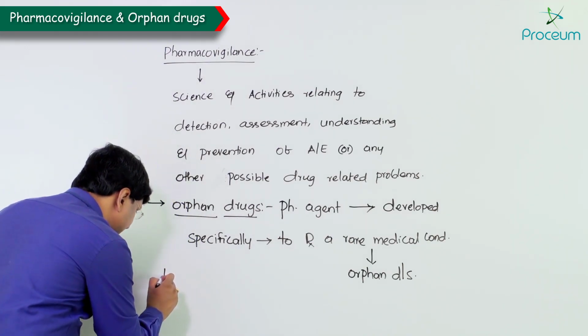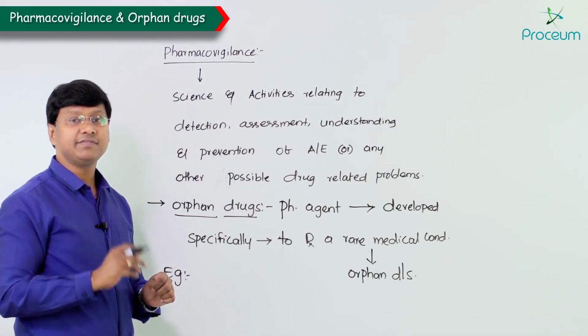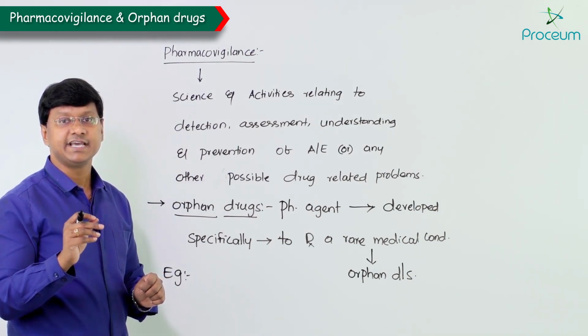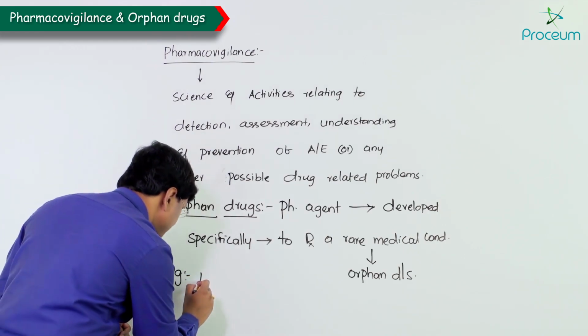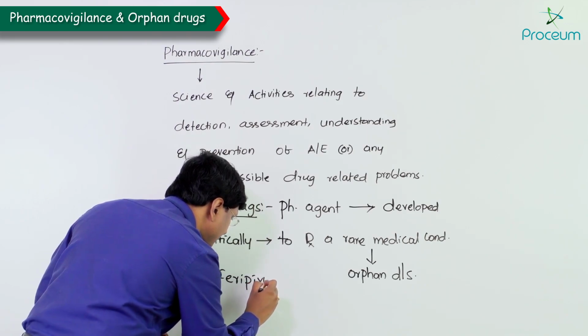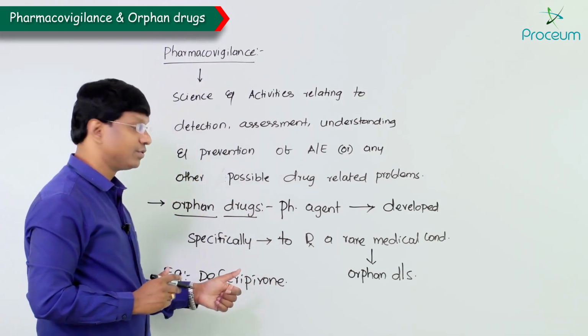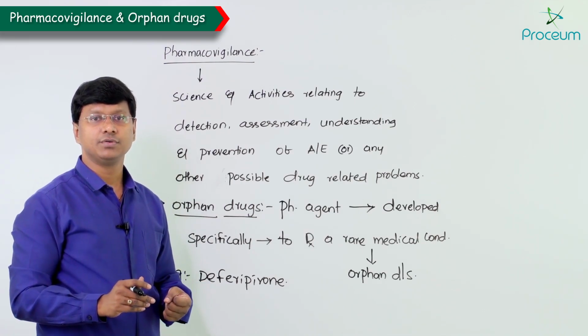Now let me tell you the examples of these particular orphan drugs. Now we have a drug which is called deferiprone.